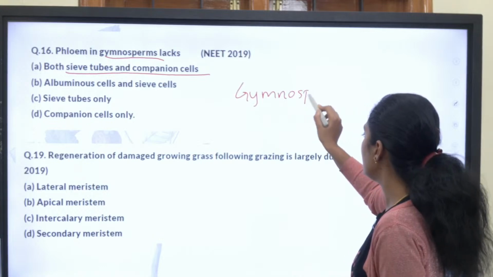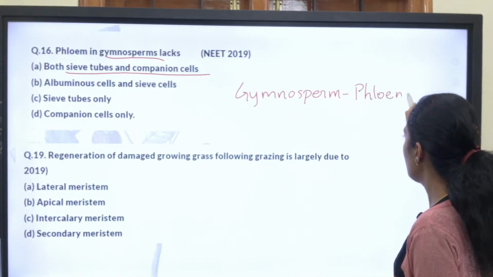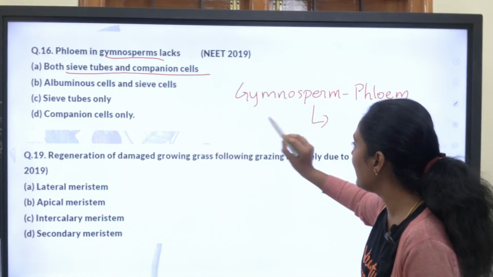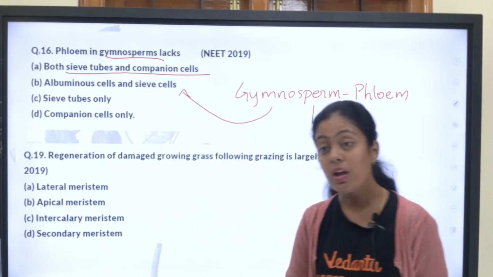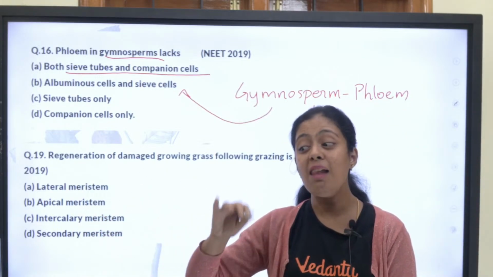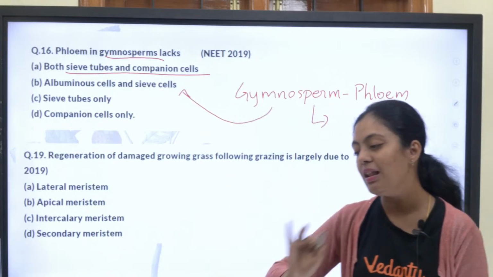Can anyone tell me? The gymnosperm phloem has albuminous cell and sieve cells. Okay, this time it can be asked in NEET. Phloem in gymnosperm consists of albuminous cell and sieve cell. That is, we don't say sieve tube, we say sieve cell.